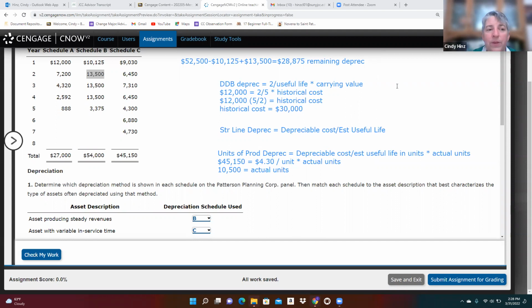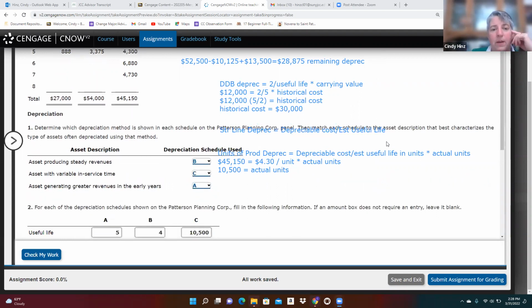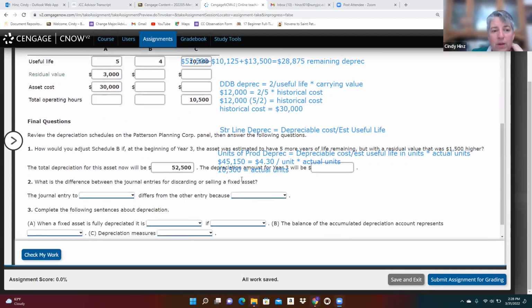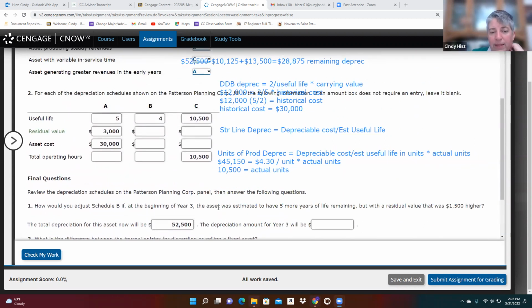And at the beginning of year 3, the asset was estimated to have 5 more years remaining. And so that $28,875 that we just calculated is going to be spread out. This is the straight line column. So going to be spread out in a straight line fashion over 5 years.